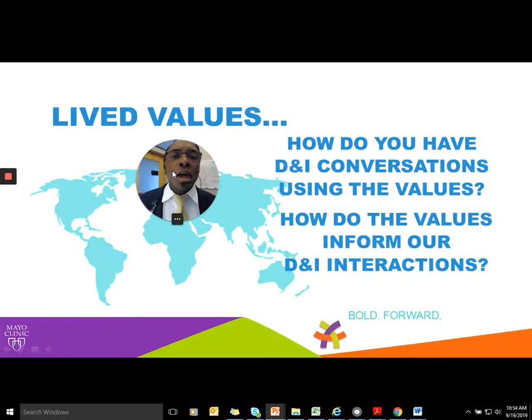Using your values, how do you engage in diversity and inclusion conversations? How do you address pitfalls? How do you address advances using the values as the primer? And how do the Rich Ties values inform your D&I interactions? How do you even learn more about D&I from interactions with other people using the values?